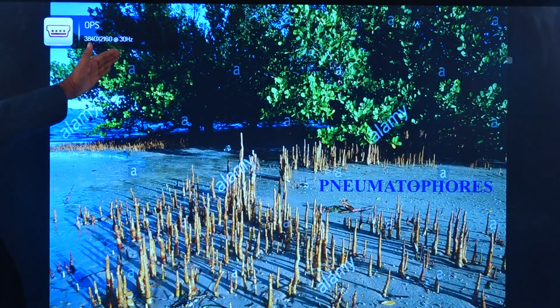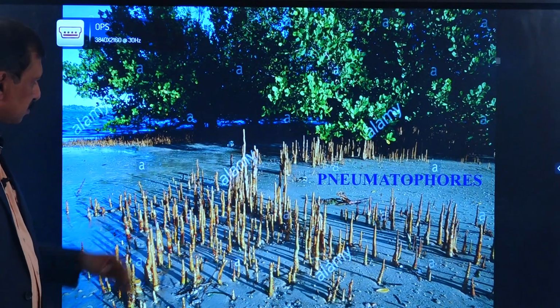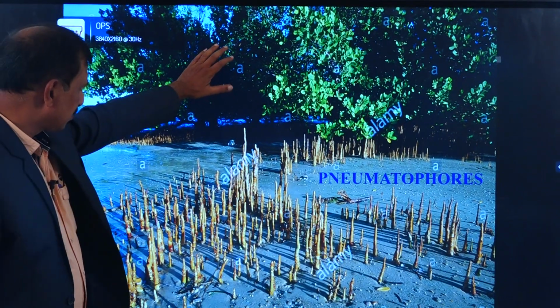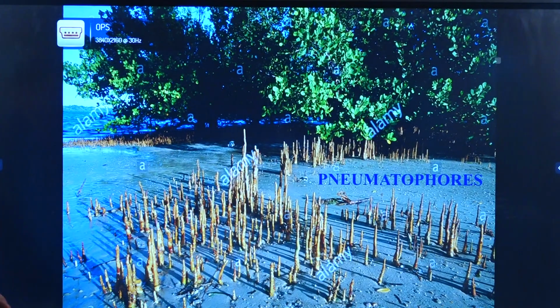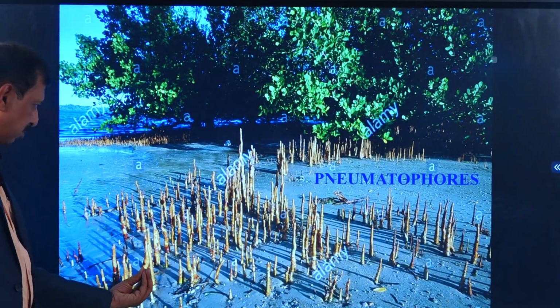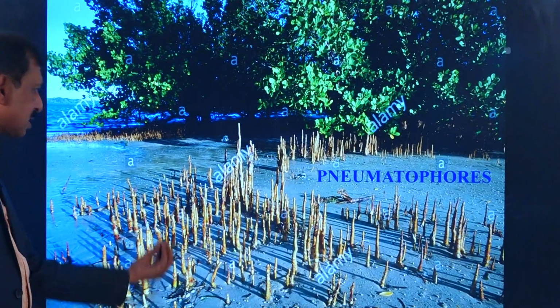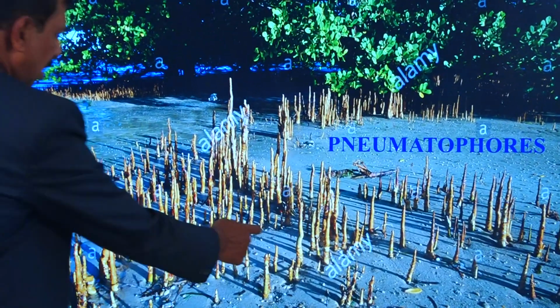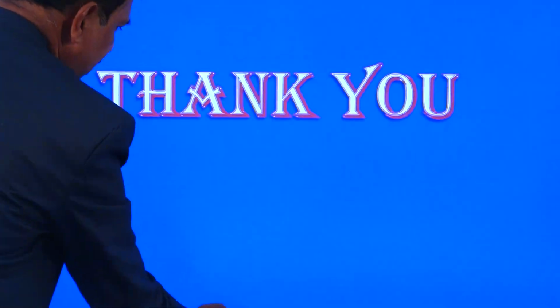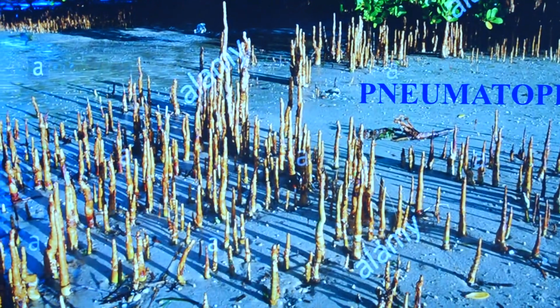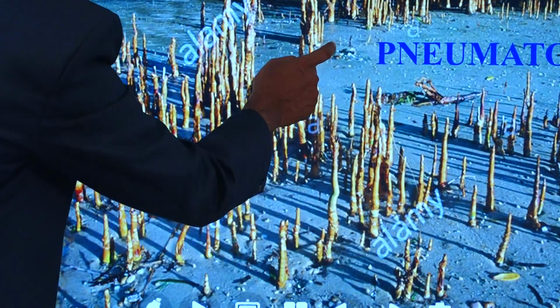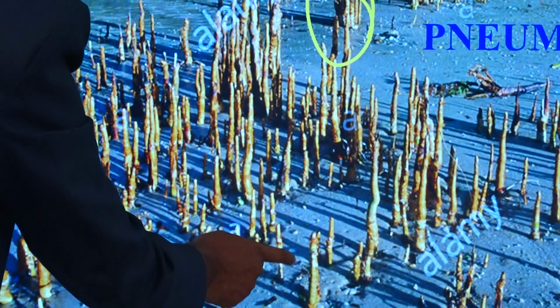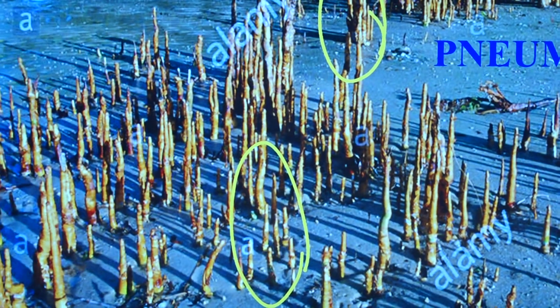This is the mangrove vegetation, and this is the main plant. The underground lateral roots have developed some roots above the soil surface here. These are pneumatophores.